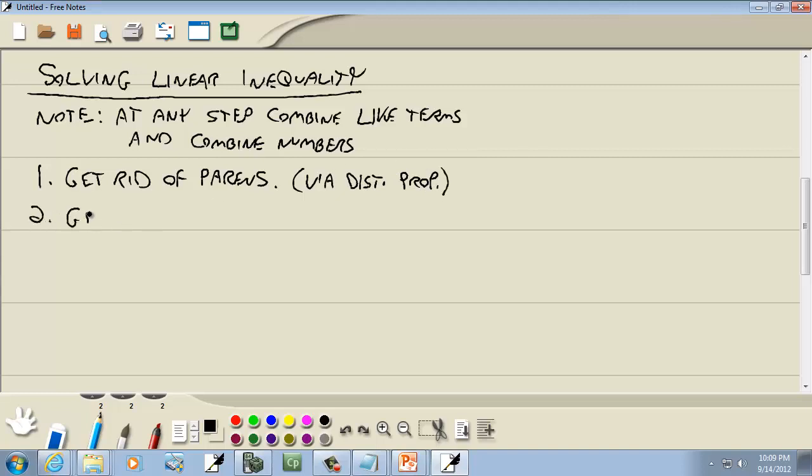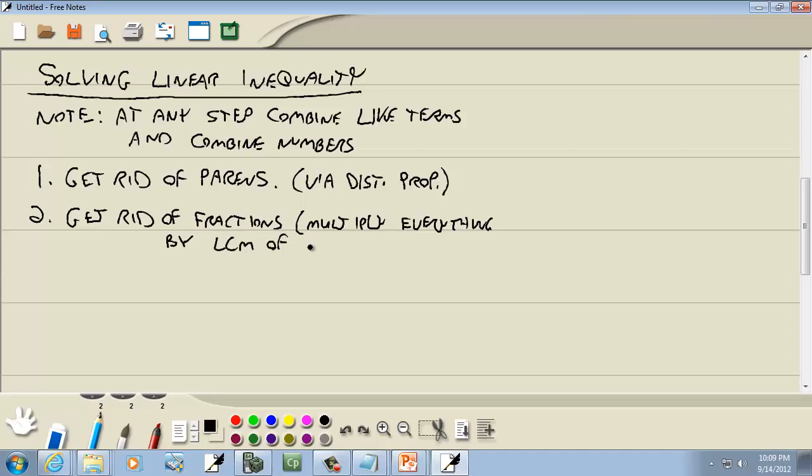Our second step is to get rid of fractions. And you multiply everything by the LCM of all the denominators.